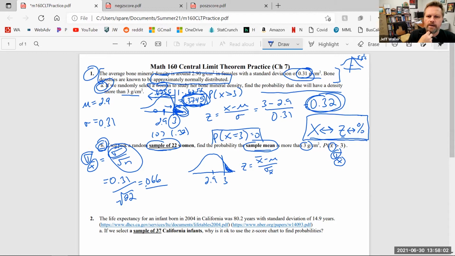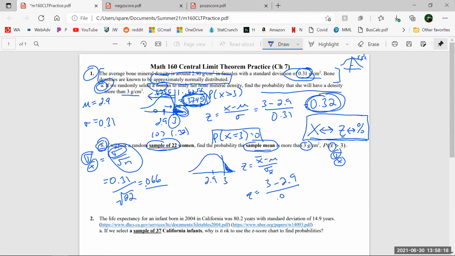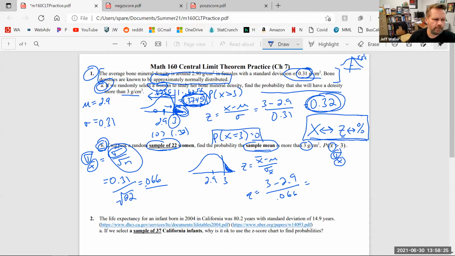My contention is the z-score formula never changes, and we'll see if you believe me later this semester. So I still would put 3 minus 2.9, but what am I going to divide by now? 0.066. Oh, yeah. And I believe that will be 1.38.